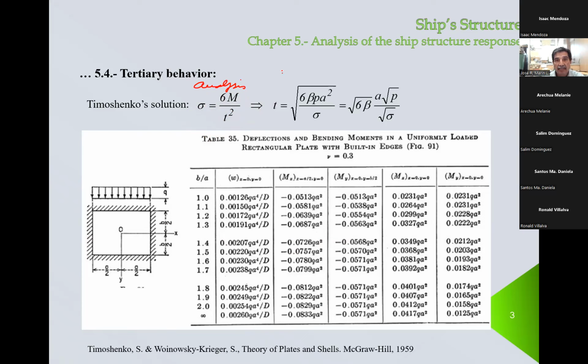If we want to design a plate, in that case, we have to select the thickness. We know the pressure, and we have to set or select a value for the maximum or permissible stress, right? So this is given, this is coming from the sketch, and the result of this will give you a value for the thickness.